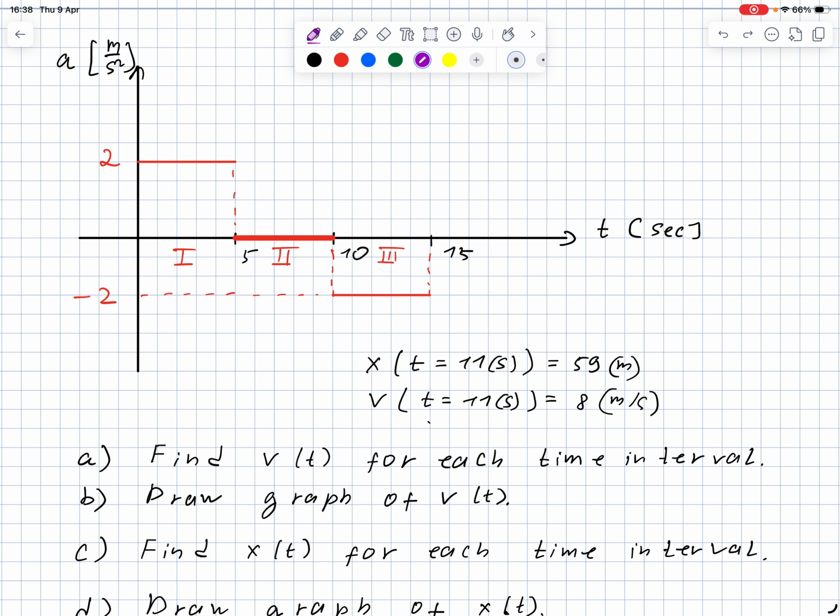And 11 seconds lives, let's say, in the third interval of time. Now we know that acceleration in the third interval is constant and the value is minus 2 meters per second squared.